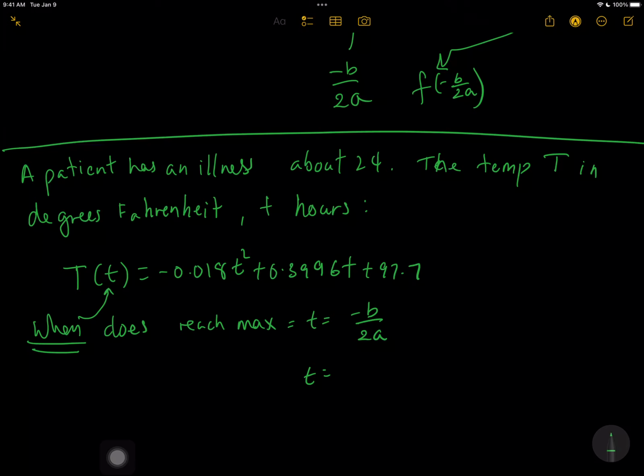So t optimum, which is what they're asking us for right here, is going to be negative 0.3996 divided by 2 times negative 0.018. And what will that give us?